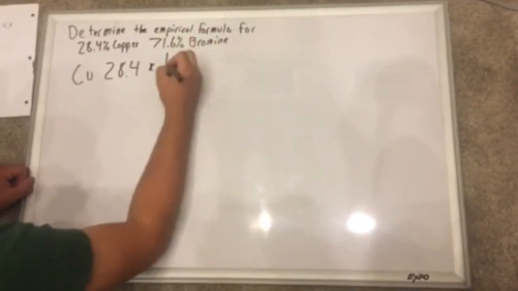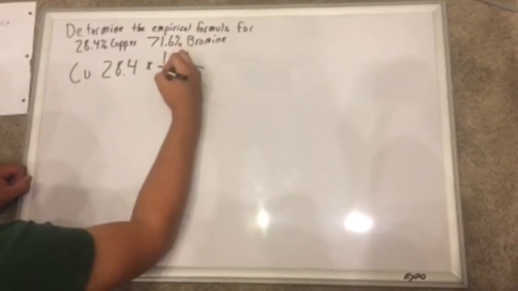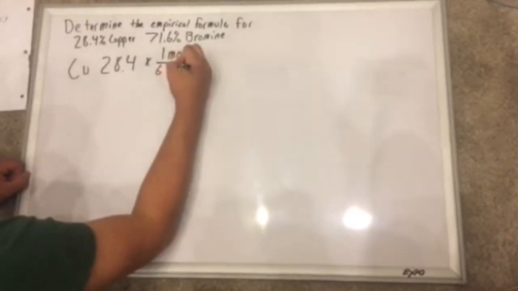First, you take the percentages times 1 mole over the mass of the element. You should end up with a decimal.